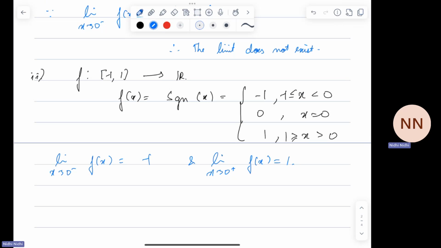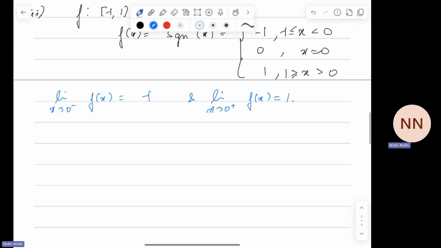So this is also clear that here the limit does not exist. Again, since limit x tending to 0 minus f(x) is not equal to limit x tending to 0 plus f(x), the limit does not exist.